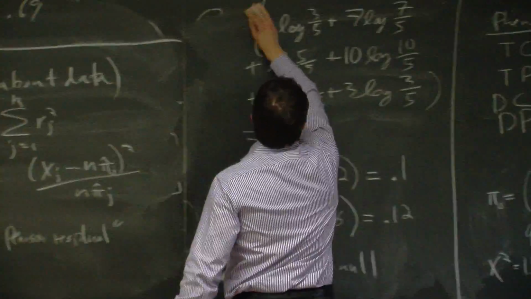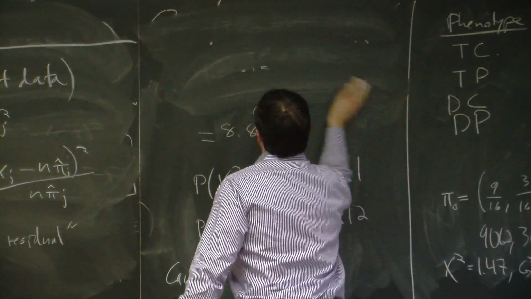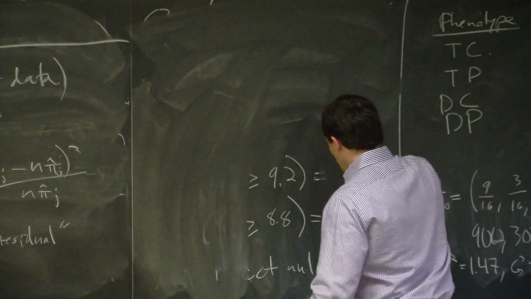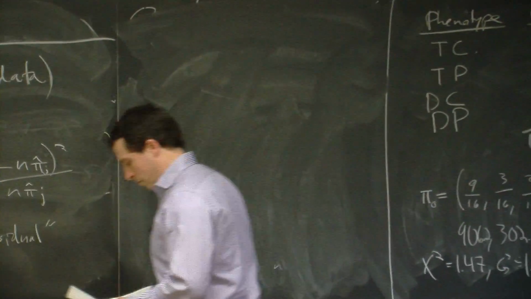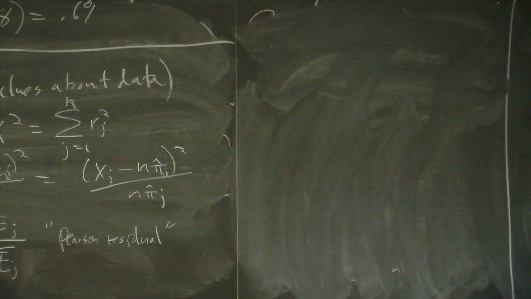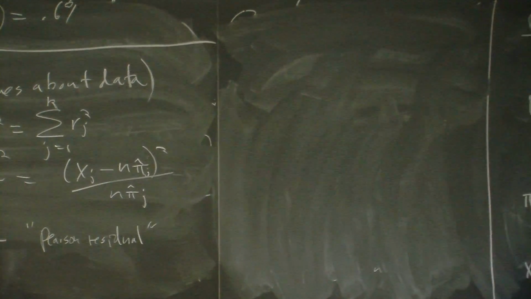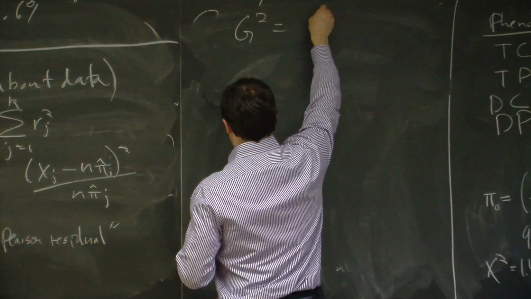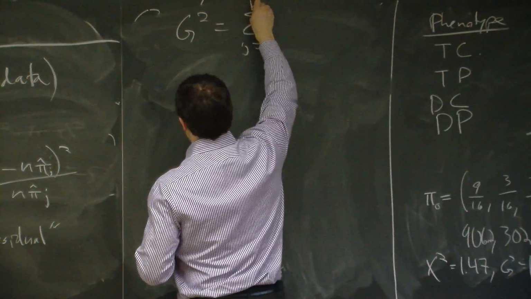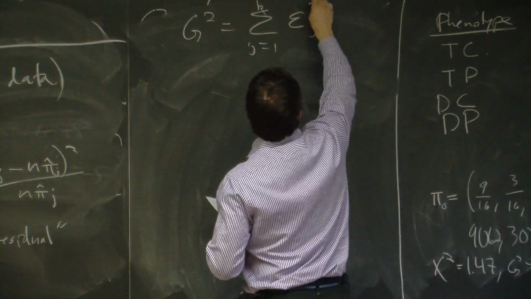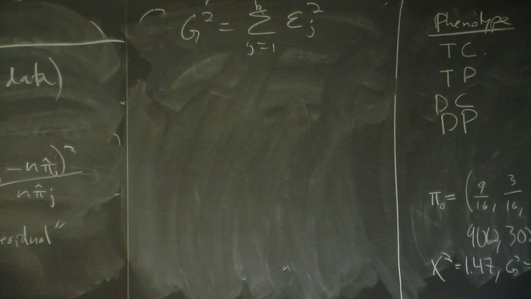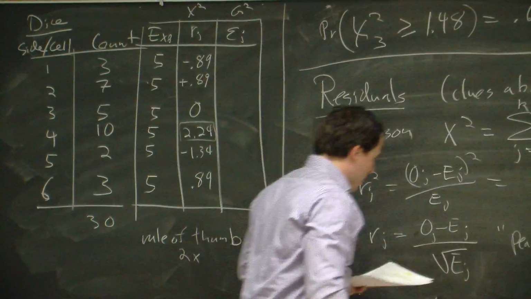Okay, so we can do the same thing for G, for the deviance. We can think of G as the sum of some other residual, epsilon. So we're going to add another column. These are the R's. These are the epsilons.